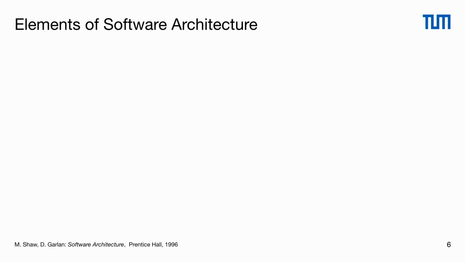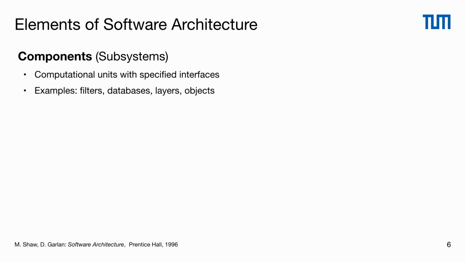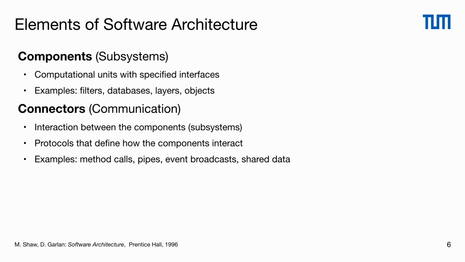Let's have a look at the elements of software architecture. First of all, we have so-called components, also called subsystems. They represent computational units with specified interfaces, for example, filters, databases, layers, or objects. Second, we have connectors, which are responsible for the communication between the components. Protocols define how these components interact.